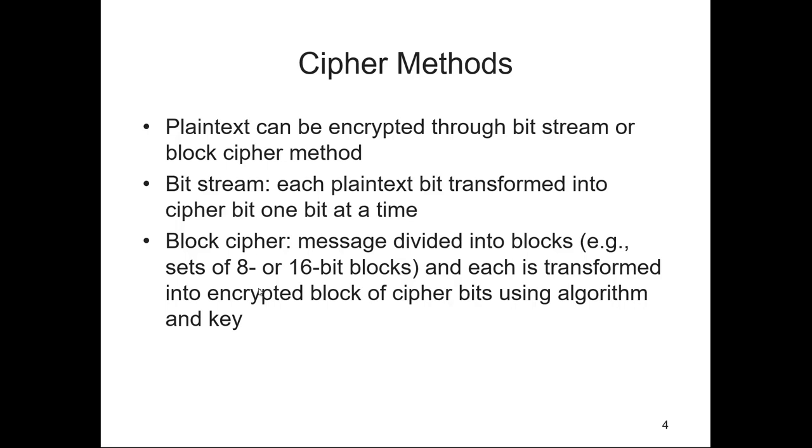So if we want to put that in a mathematical equation, then E(M) will equal C. Again, if we encrypt M, the message, then the result will be a ciphertext, or the encrypted message. This formula represents the application of encryption to a message to create a ciphertext.